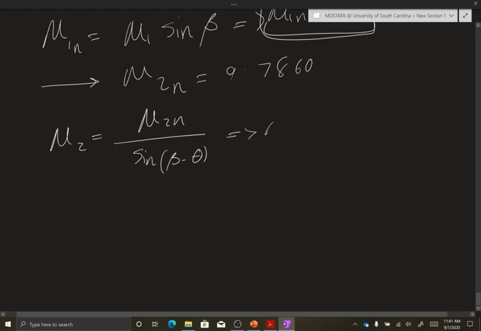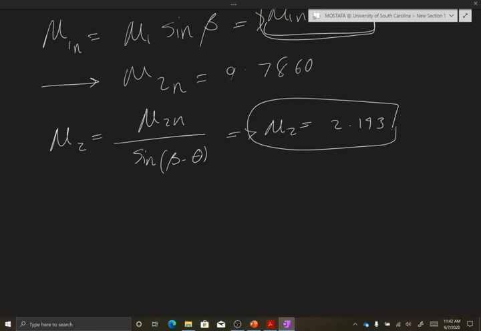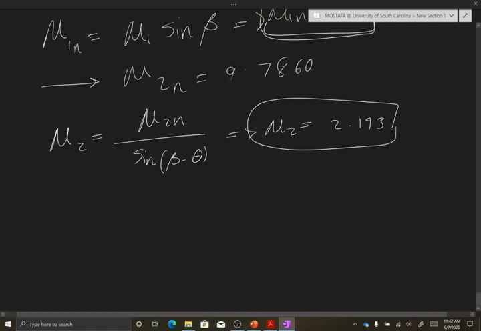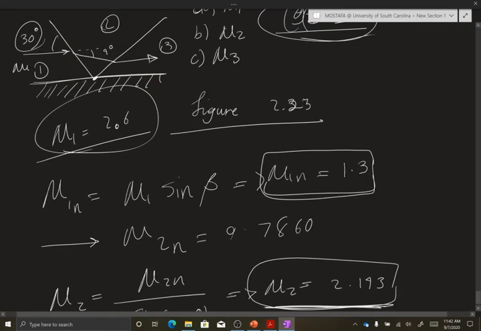So your M2 is 2.193. So we are still going to be in the supersonic shock regions. And we have a reflected oblique shock with an M2, and we already know that theta is 9 degrees because it is straight again, right?